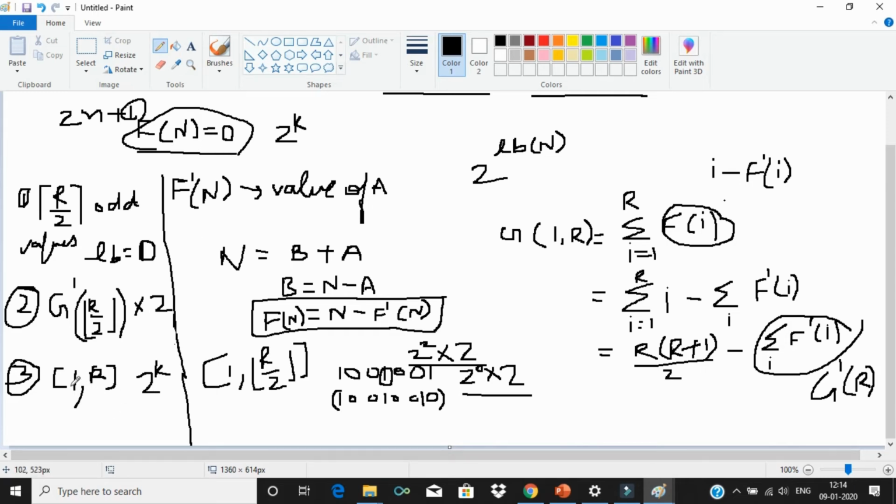So we subtract all those numbers in the range 1 to r which are in the form of 2 raised to the power k. So our final solution looks like that.